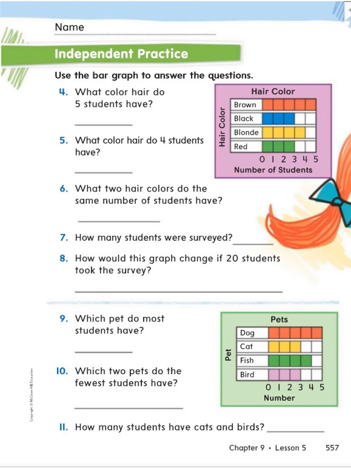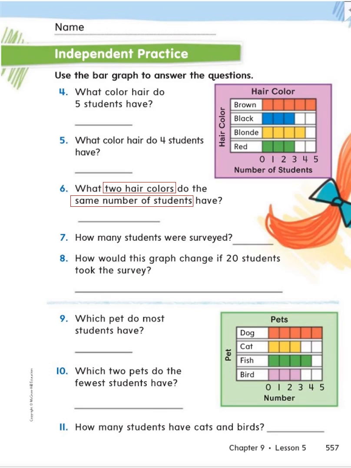Okay. Now let's look at this one here. Also not very difficult, but let's just read some of these. So number 4, what color hair do 5 students have? We would look at the bar graph on the right and find out which one has 5 blocks colored in.